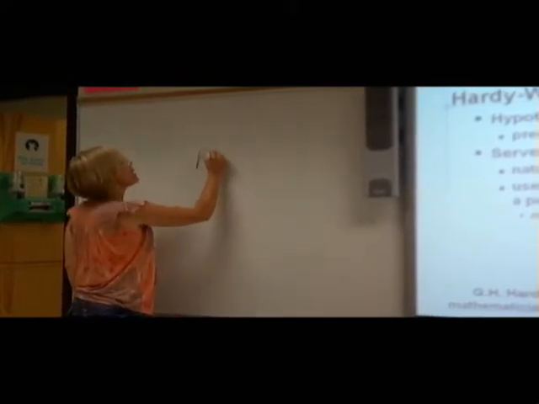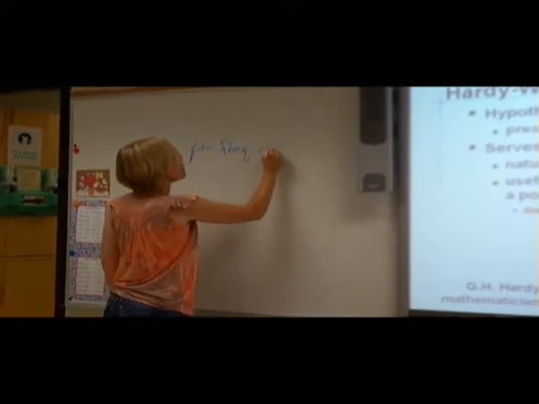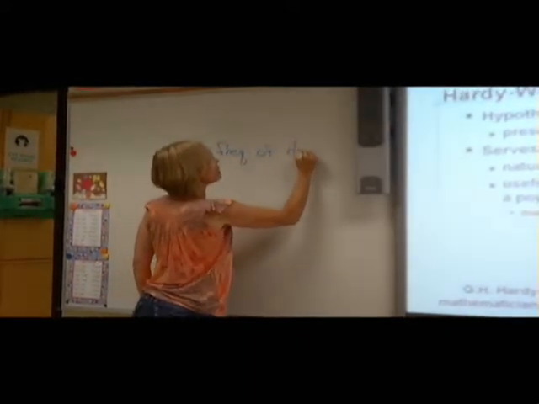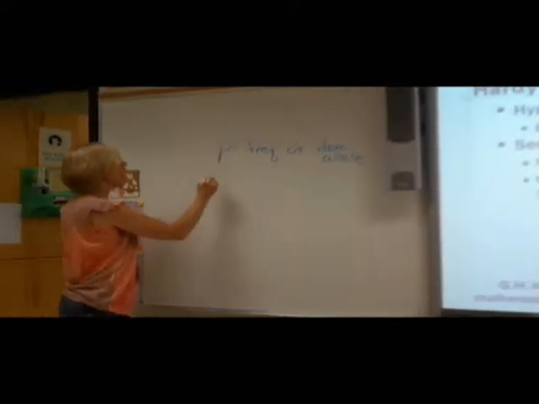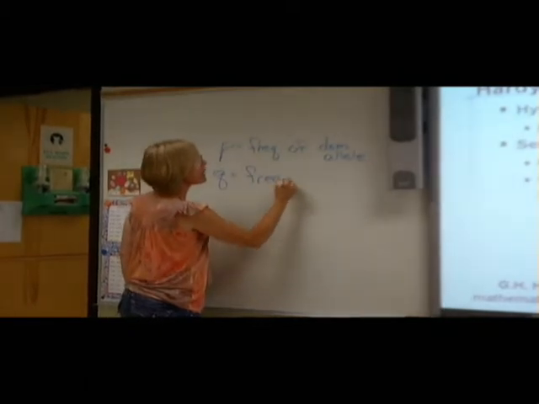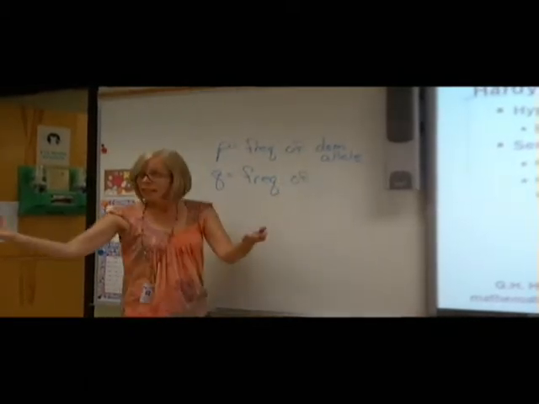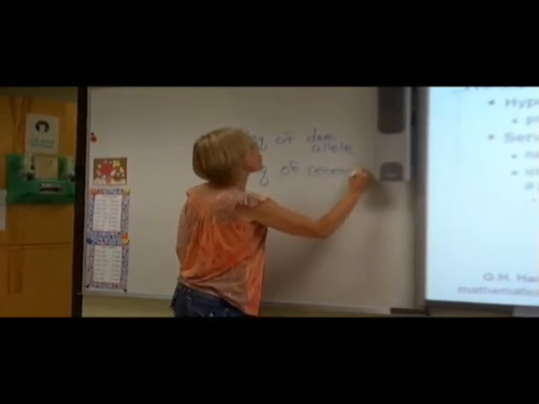We have P, which is going to be the frequency of the dominant allele. We have Q, which is going to be the frequency of the recessive allele.